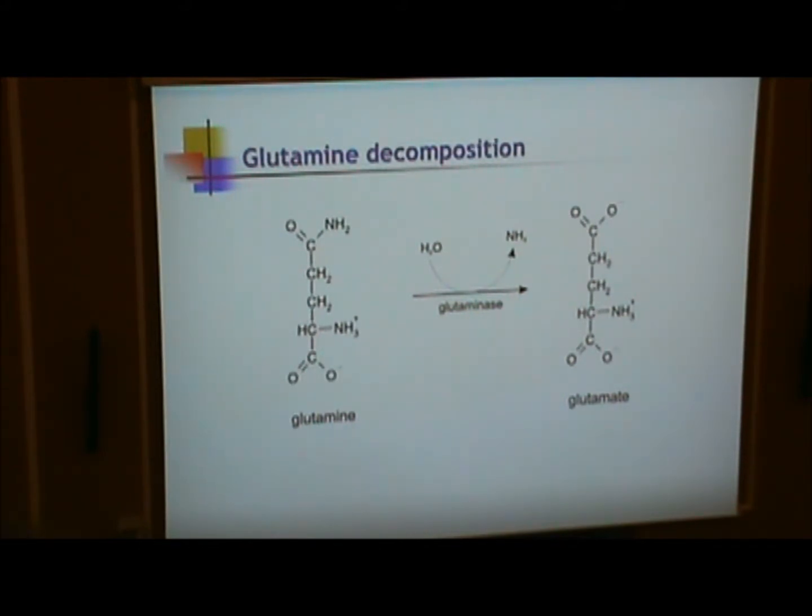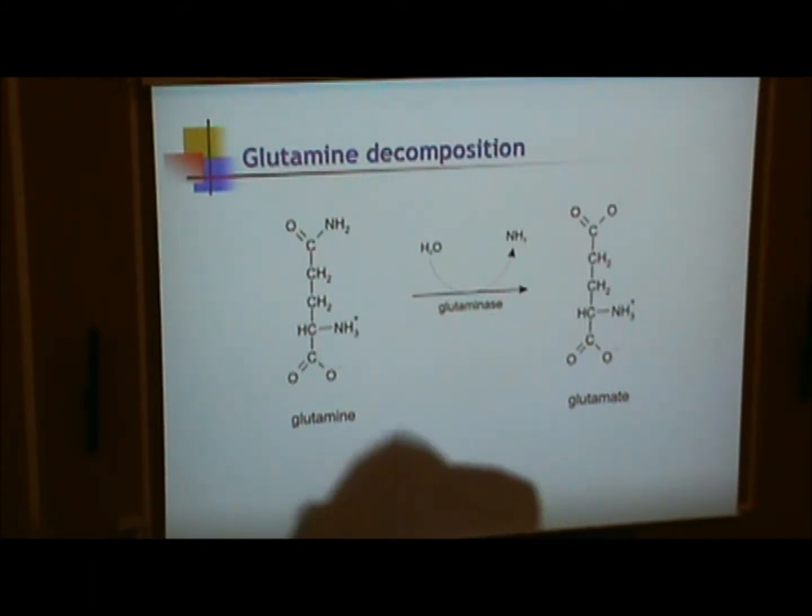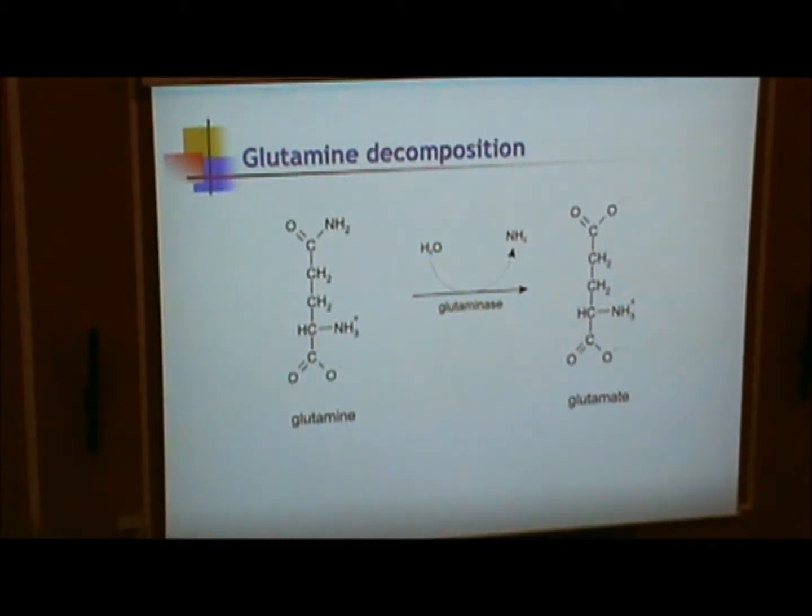The water molecule hydrolyzes the amide bond. The amino group is released in the form of ammonia. Glutamine is converted back into glutamate. So please remember that glutamine synthetase converts glutamate into glutamine, and glutaminase is an enzyme which converts glutamine into glutamate.